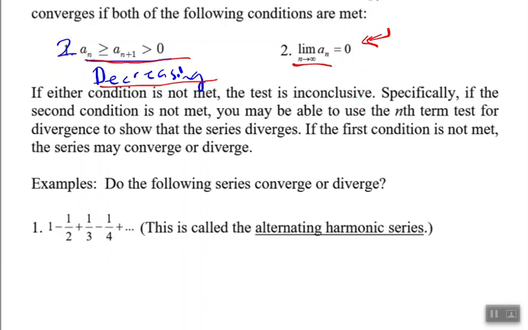Even if they're alternating, it really doesn't matter, because you don't know whether it's going to be positive or negative. Those things don't really cancel out. The series may converge or diverge. You don't know. Most of the time, if the last term is not zero, then it's going to diverge by the test for divergence.